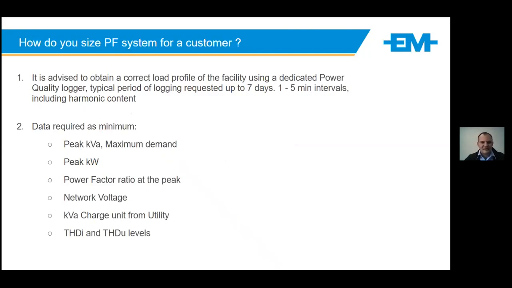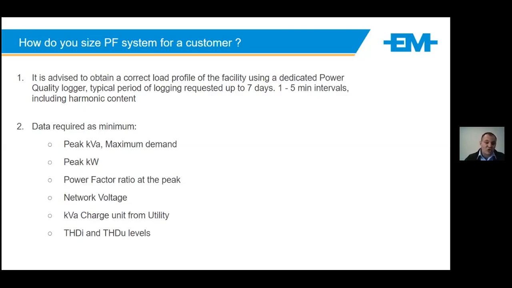As a minimum, we would need the peak kVA, the maximum demand, the peak kilowatt, and the power factor at the peak. We can calculate that, but it's great to have it off the recorder. We also need the continuous network voltage during the recording.